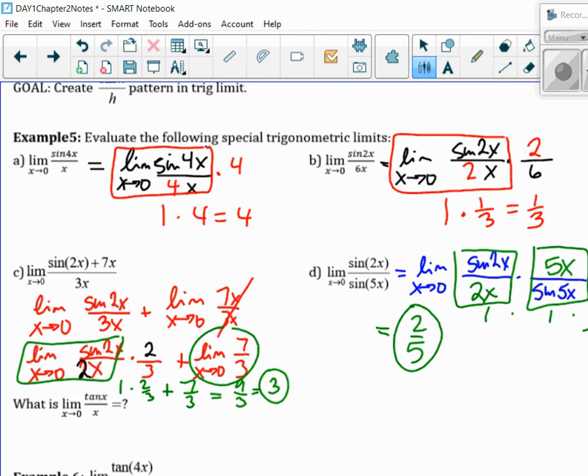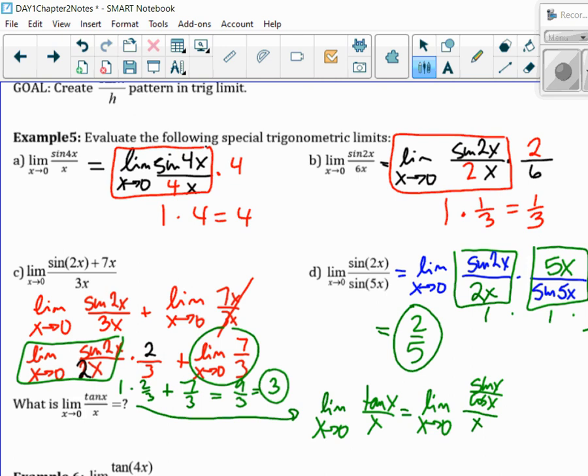So the limit as x goes to 0 of tan x over x is the same thing as the limit as x goes to 0 of sine x over cos x over x. But what did we learn with these fractions? Keep change flip. So this is sine x over x cos x.